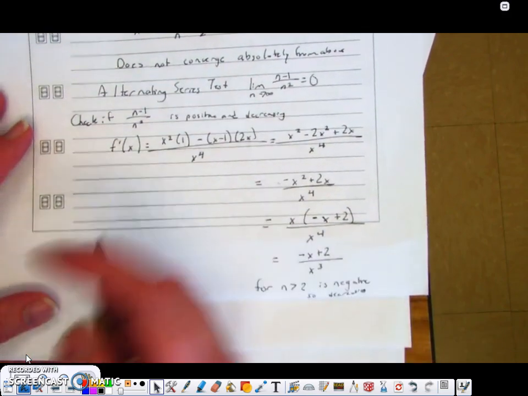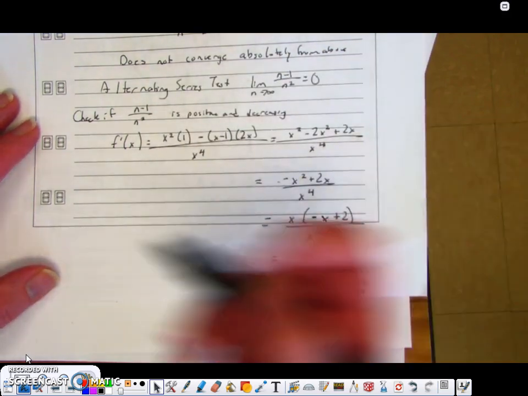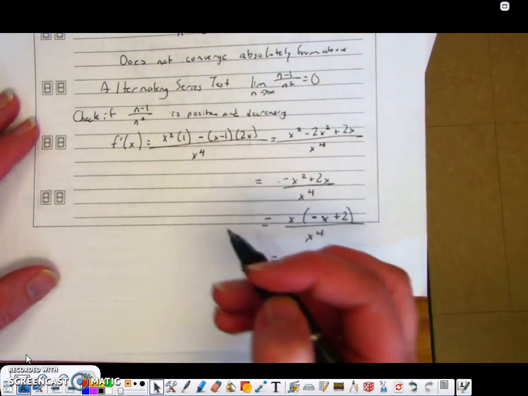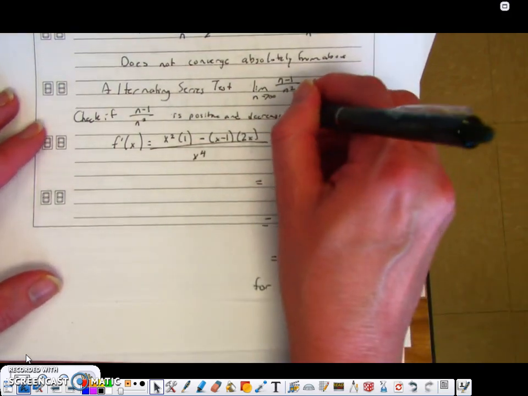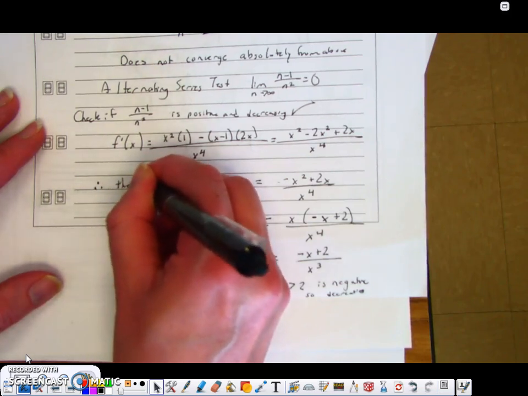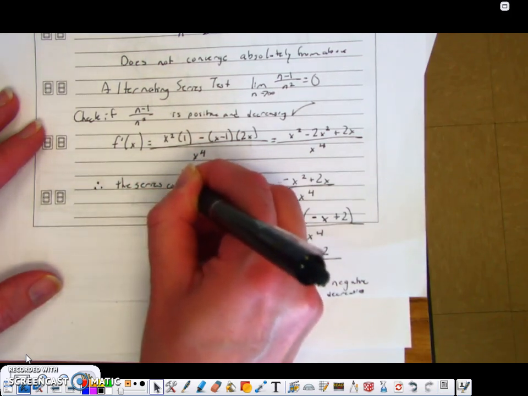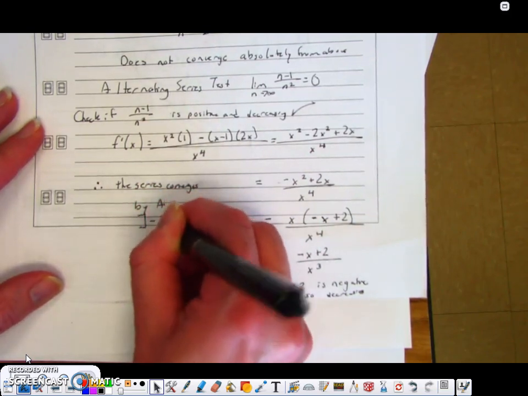It might be easiest just to graph this, x minus 1 over x squared, see if it's positive and decreasing, and show a little sketch on the graph. So since that function is positive and decreasing, we can say, therefore, the series converges by the alternating series test, and there is your interval.